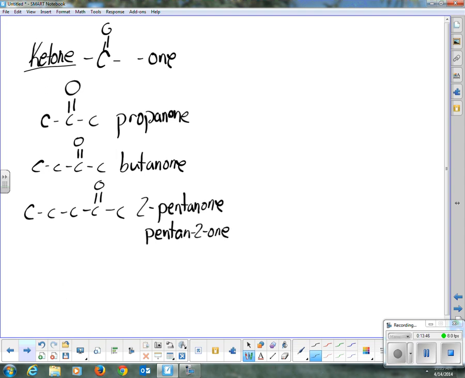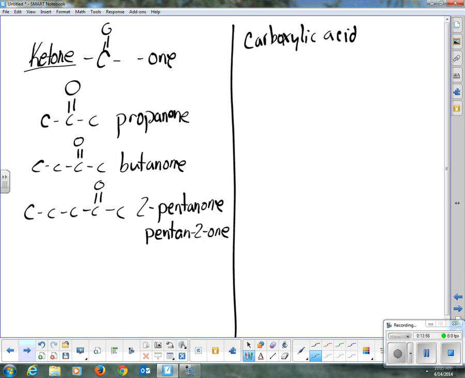All right, next group, carboxylic acids. A carboxylic acid is at the end of the chain, double bond oxygen, single bond OH. And we change the ending to oic and add acid. So this would be ethane.